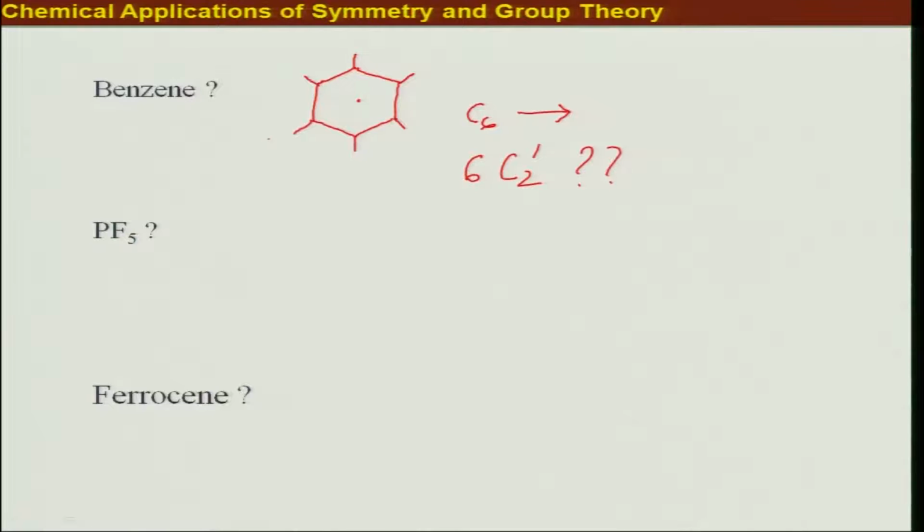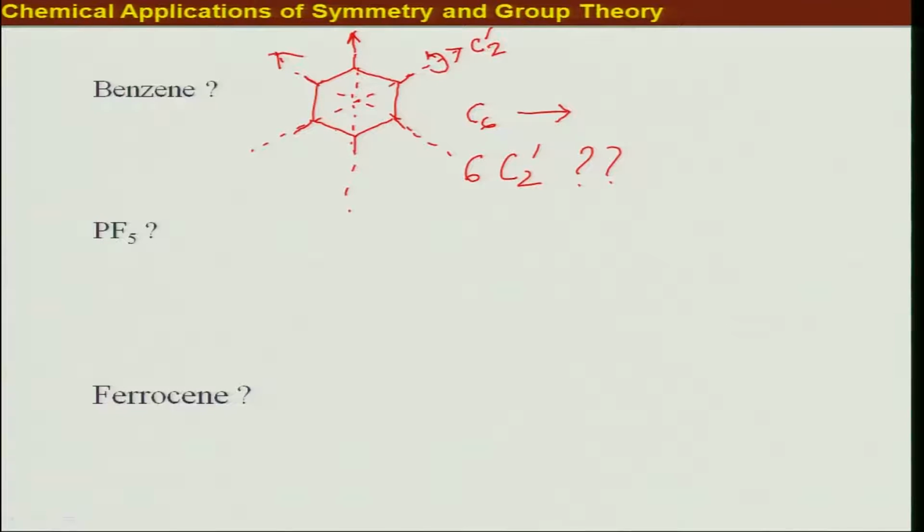I can imagine an axis here. This is very obvious to us, right? If I give a 180 degree rotation, I get an equivalent structure. So this is one C2 prime because it is perpendicular to my C6. Similarly, I can take these two opposite hydrogen atoms. So already I got 3 C2 primes.